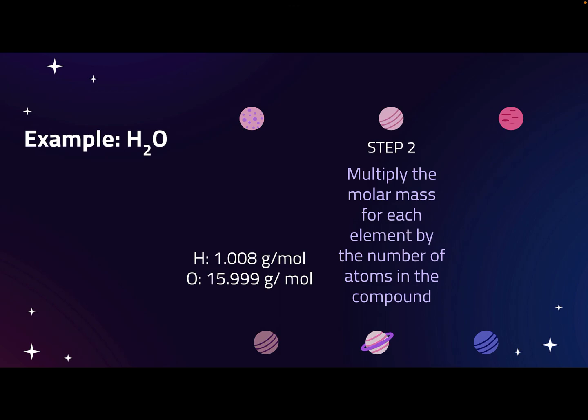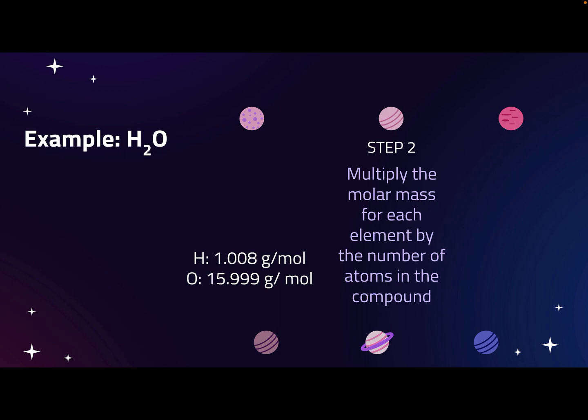So step 2, what we're going to do next is multiply the molar mass for each element by the number of atoms in the compound. So our compound here is water, H2O. How many hydrogens do we have in this formula? Hopefully you shouted 2. How many oxygens do we have in this formula? Hopefully you shouted 1.